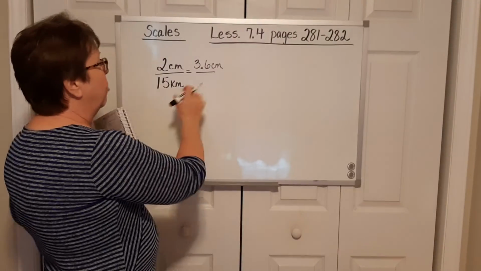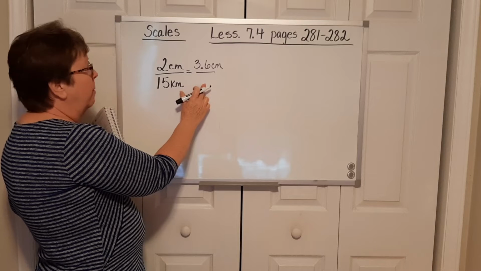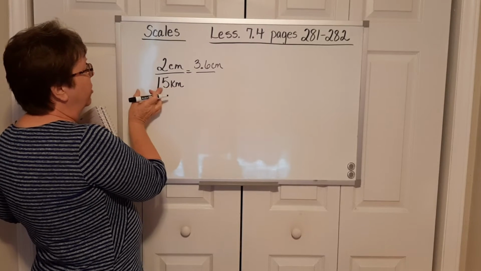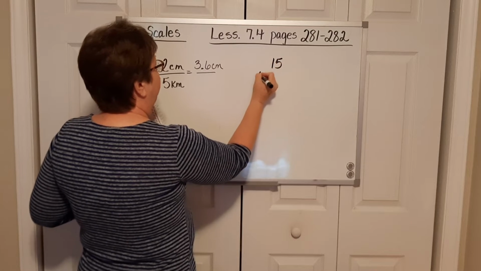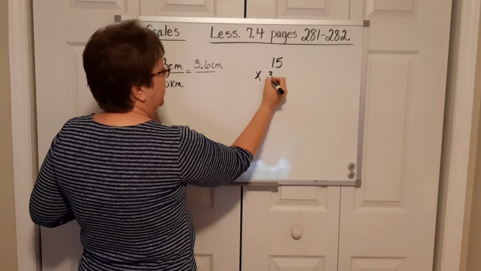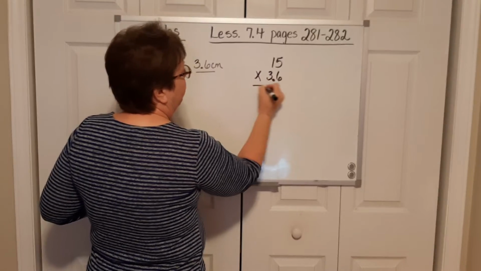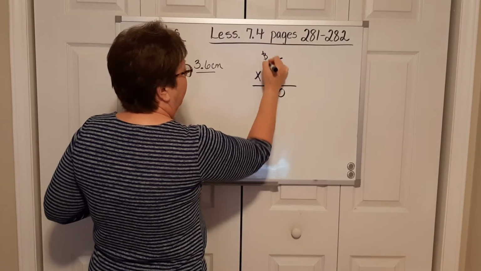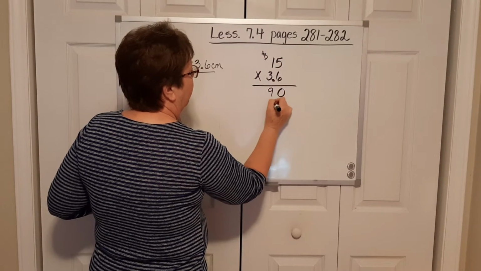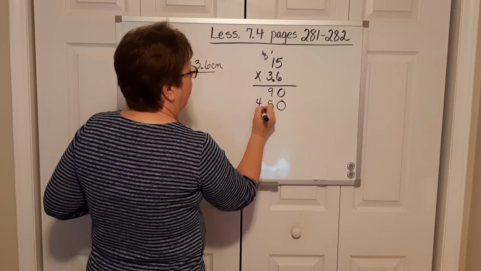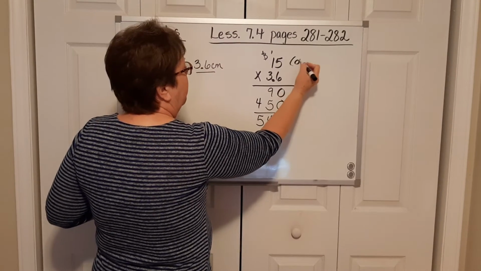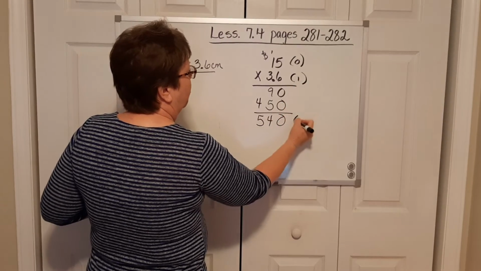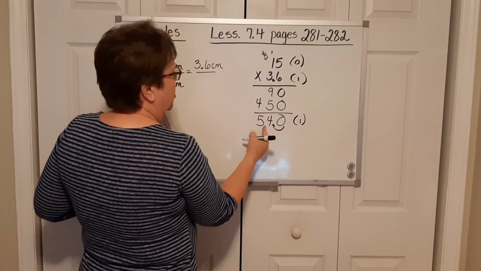Now we're trying to find our missing denominator here. So here we would do 15 times 3.6. Now we don't have any decimals in the 15, and 1 here in the 3.6, for a total of 1 decimal place. So 54.